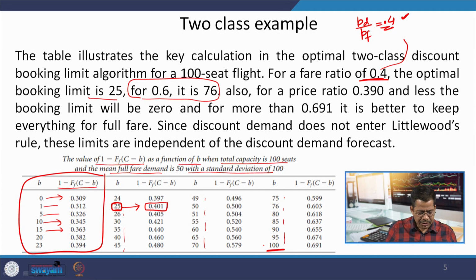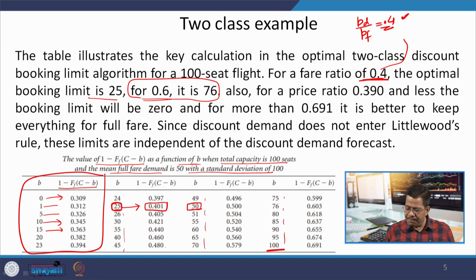Here you see for 0.6 the values 0.48, 0.496, 0.5. So, for example, if my price ratio is 0.5, for example, Pd is half of your full fare, in that case the booking limit is 50.